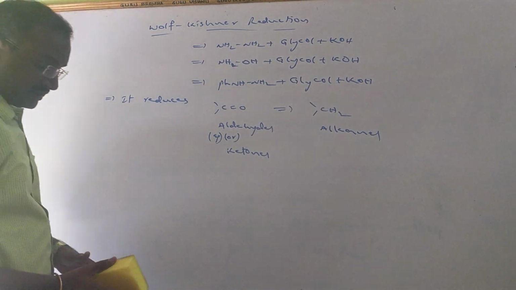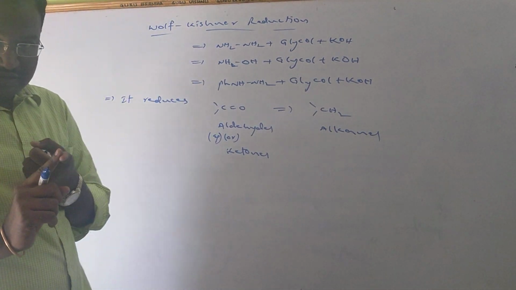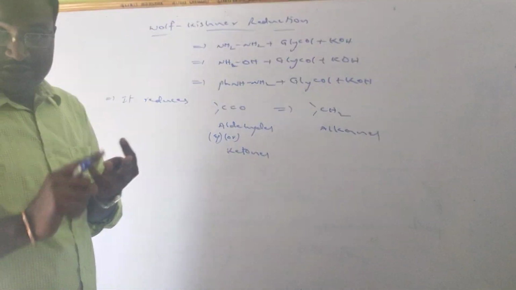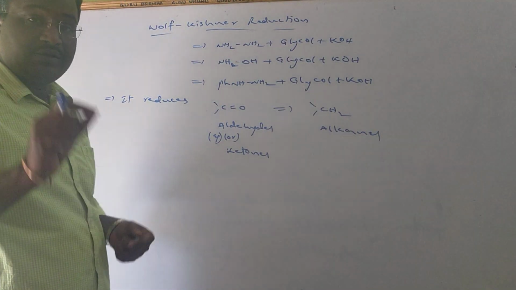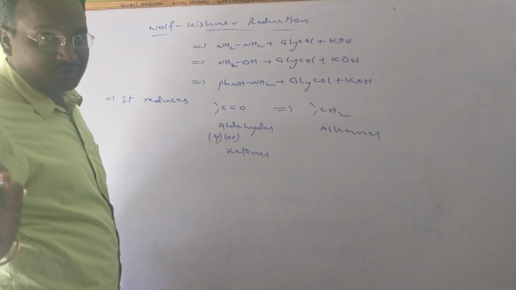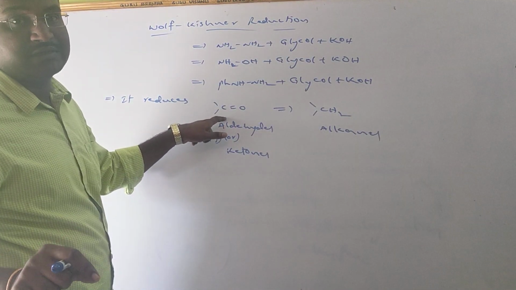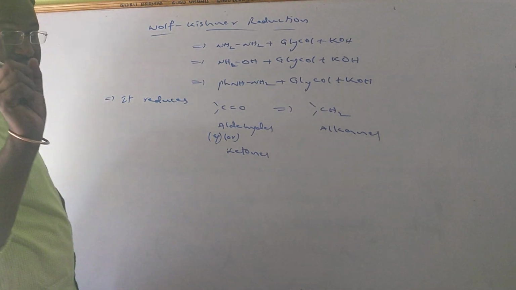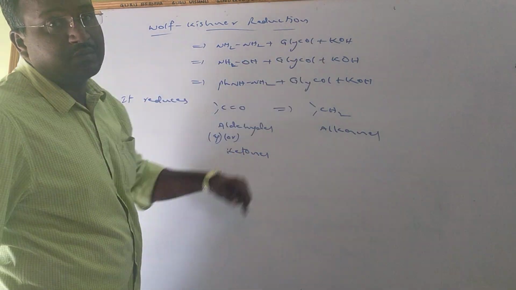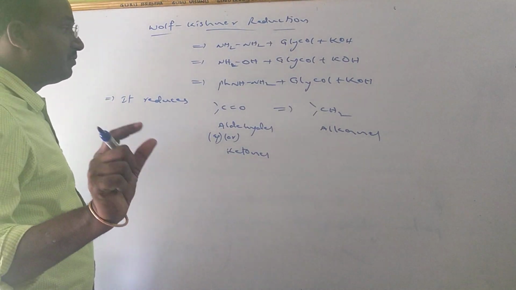So you have to remember the 3 points. First thing, it reduces the carbonyl group to CH2. Second thing, it does not touch double bond and triple bond. Third thing, if a halogen, that is a halide group, is there in the given compound along with the aldehyde, dehydrohalogenation takes place. The reason: the base is present as a medium, so a strong nucleophile will be formed.